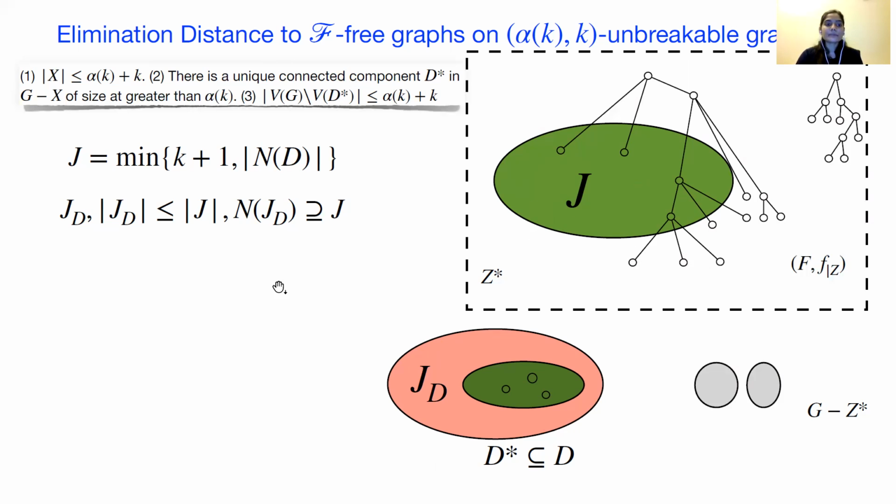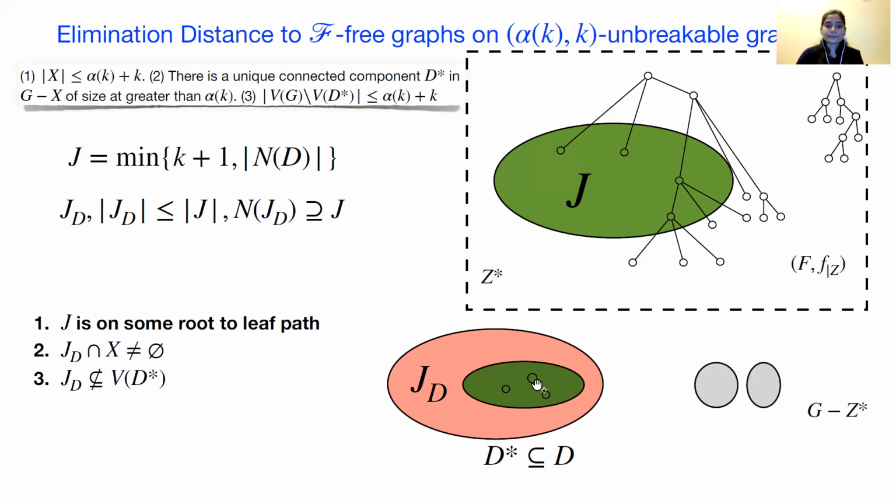Consider another set JD, which is contained in the connected component D, such that the size of JD is at most the size of J. Sorry, the neighborhood of JD is some superset of J, so J is actually in the neighborhood of JD.